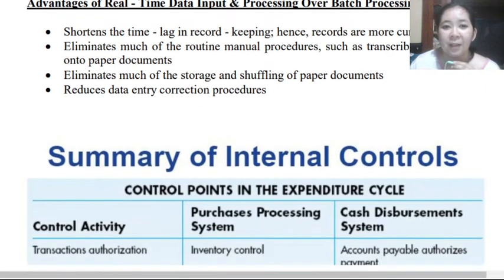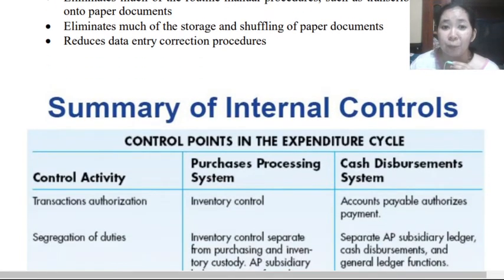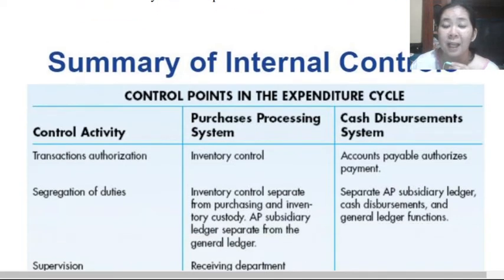So we have here the summary of internal controls for our expenditure cycle, specifically for purchases and cash disbursement processes. For transaction authorization, of course, in purchasing there should be inventory control. For cash disbursement, accounts payable will be authorized for payment before it can be processed.